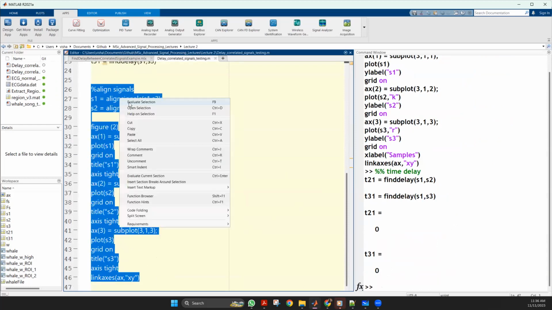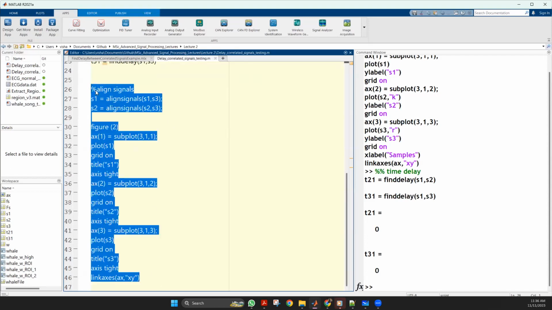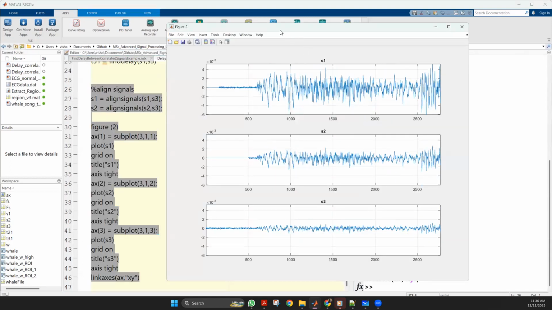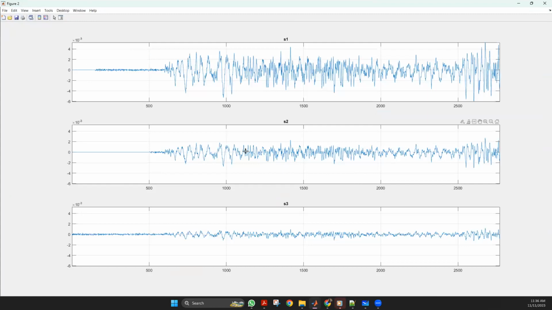In the third section, I'm going to try to align the signals together such that they fall into the same pattern, such that the three signals start at the same point. I will evaluate this, and now I can see that the signals have been aligned in a way such that the starting point is the same for all of them. The peaks, of course, are occurring at almost the same point in time, with almost the same peak values, right?